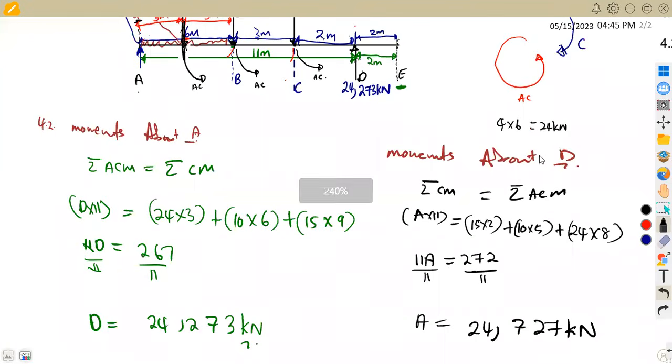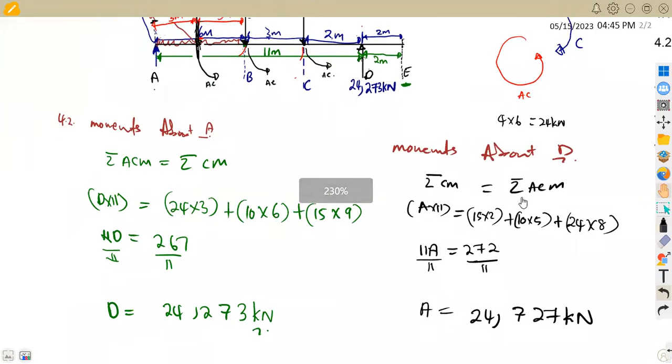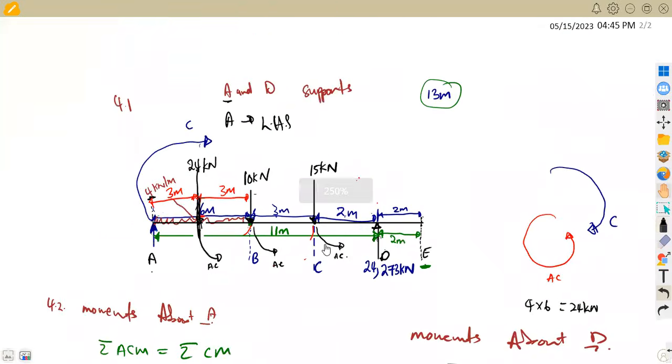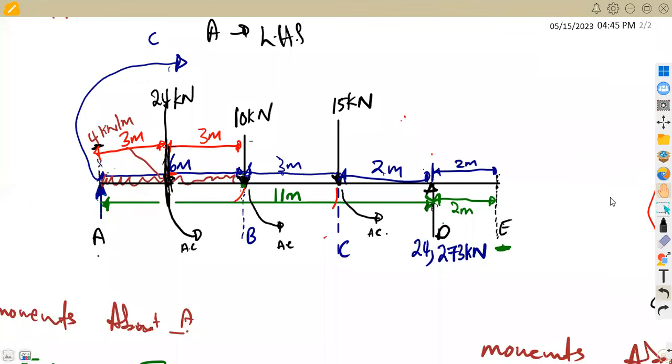All right, so this is our A in this case. With this A that we got, we are done, because these are the supports. So I'm just going to write my A at this point here. So these values are actually almost the same, 24,727 kilonewton.